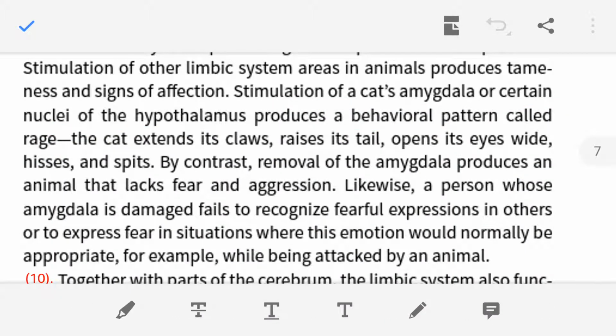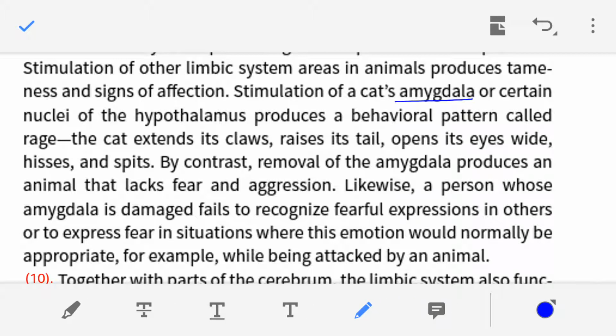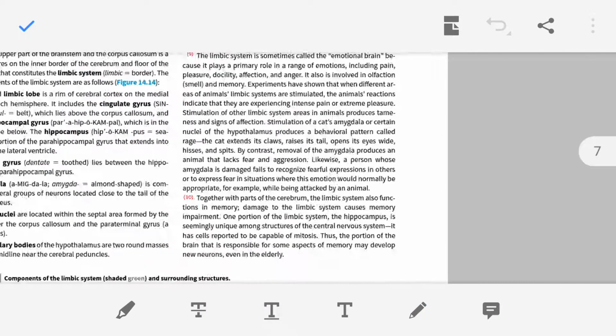So when the amygdala and hypothalamus were stimulated, the cat showed rage behavior, and during this rage behavior, the cat extended its claws, raised its tail, opened its eyes wide, and the cat made the hiss.